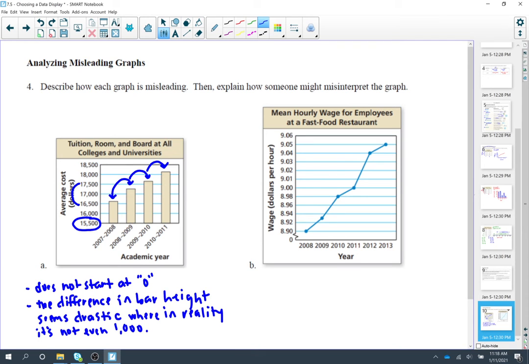Really the price from year to year is not even going up $1,000, even though $1,000 still seems like a lot of money, even though those bars seem really far spaced apart.